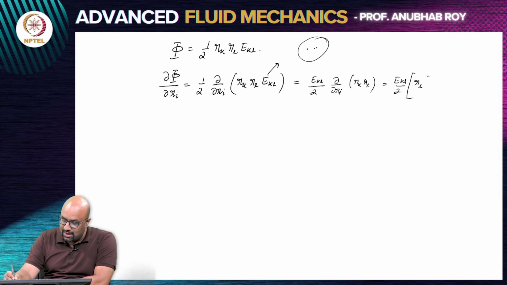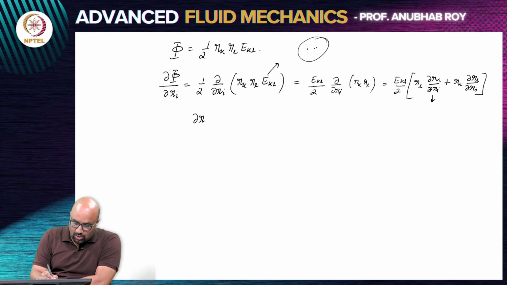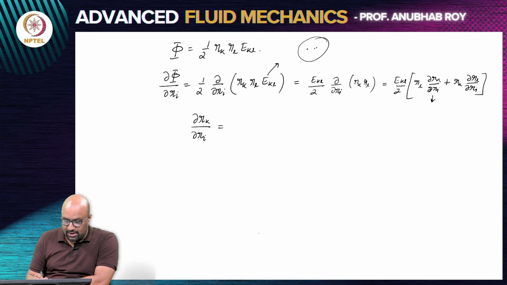So I have Rl dou Rk dou Ri plus Rk dou Rl dou Ri. Now, what is dou Rk dou Ri? For example, if you choose two indices here, dou R2 by dou R1, that would be 0.